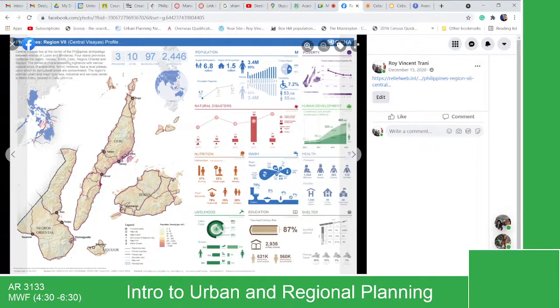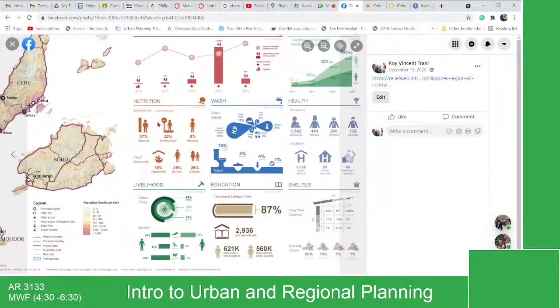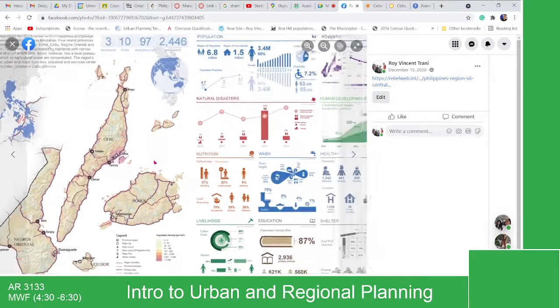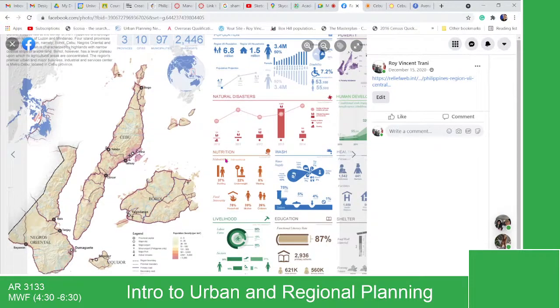You can also see the topography, livelihood, labor, nutrition, water supply, health, and shelter quality. This is important for you because as future architects, you need to understand how your building fits or is cohesive to the larger urban environment.